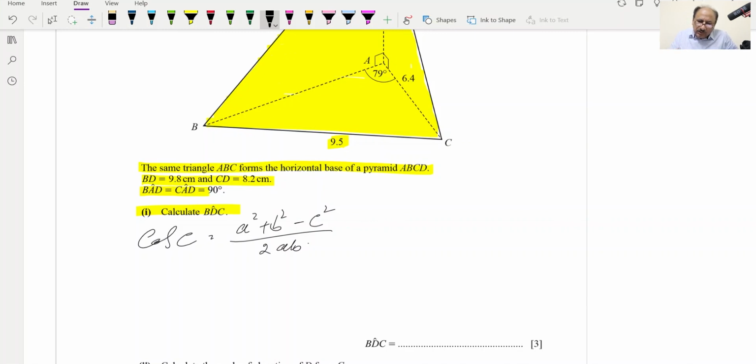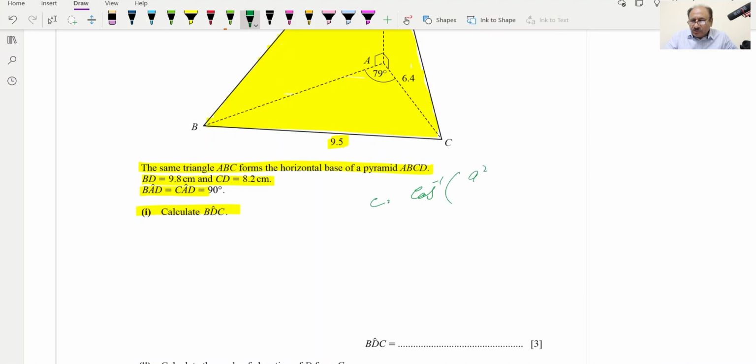Otherwise you can use the cos formula directly, which I have written. Okay, I will rewrite it over here. So cos C will be equal to cos inverse of (A squared plus B squared minus C squared) over 2AB.